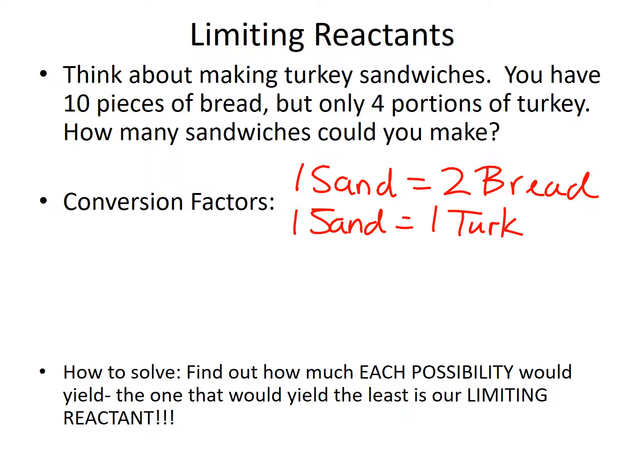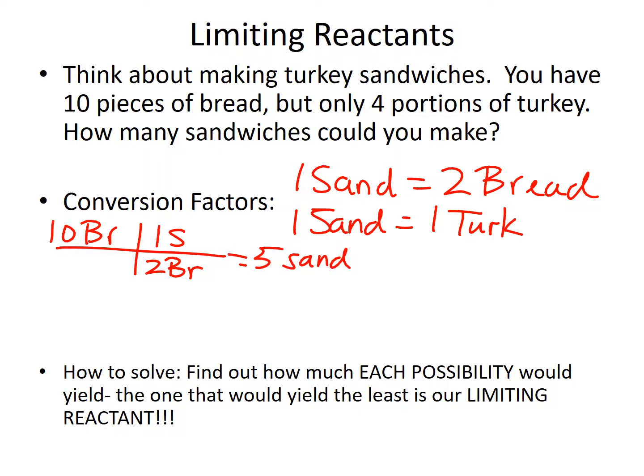Now I'm going to do the stoichiometry for each given quantity. I'm going to start with 10 pieces of bread. My conversion factor says that there are 2 pieces of bread for every 1 sandwich, so we're going to make 5 sandwiches. It's not hard to imagine that 10 pieces of bread makes 5 sandwiches. Now, the next given says that we have 4 portions of turkey.